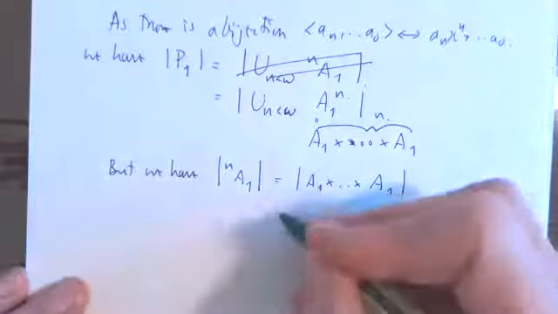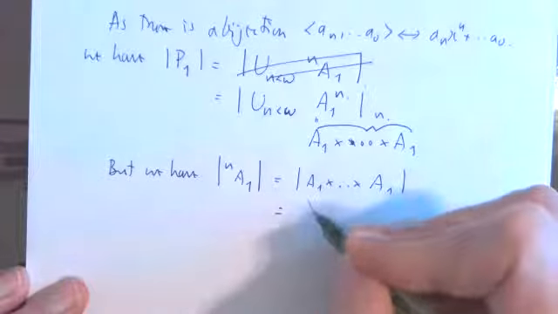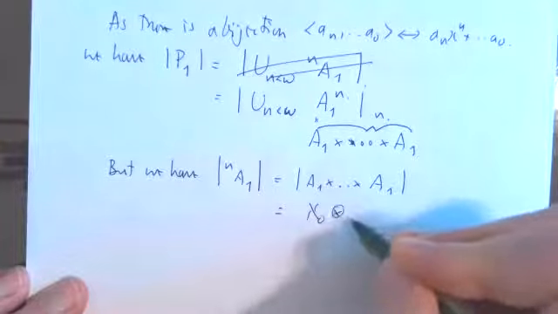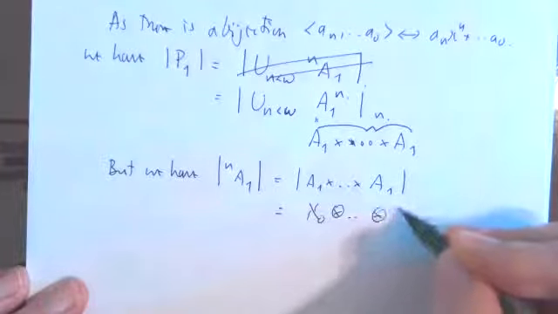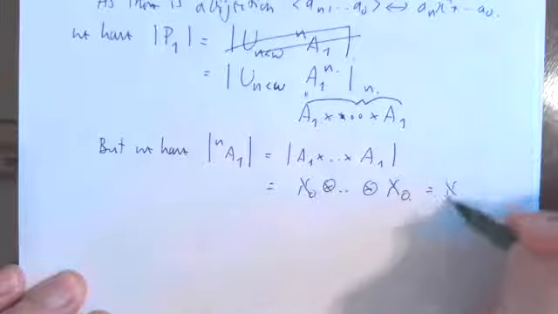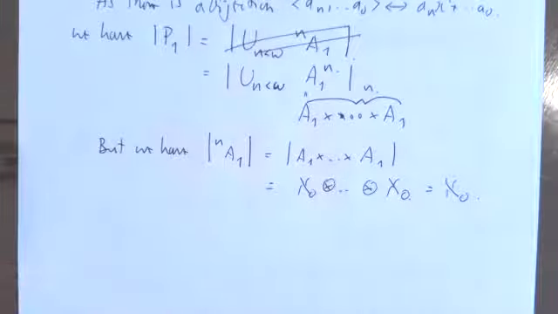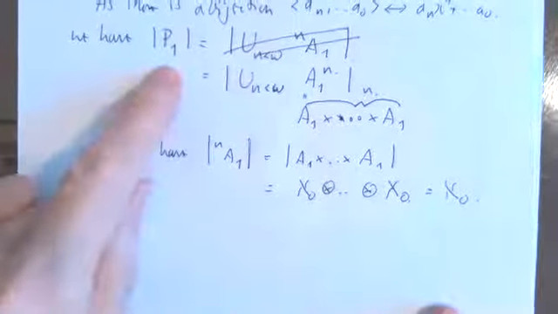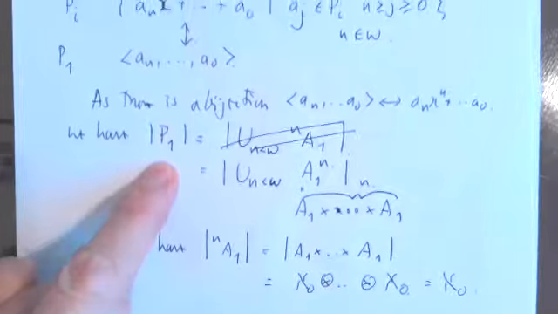So this is just Aleph 0 times Aleph 0, n times, which is just Aleph 0. So we can conclude then that actually this is just countable.